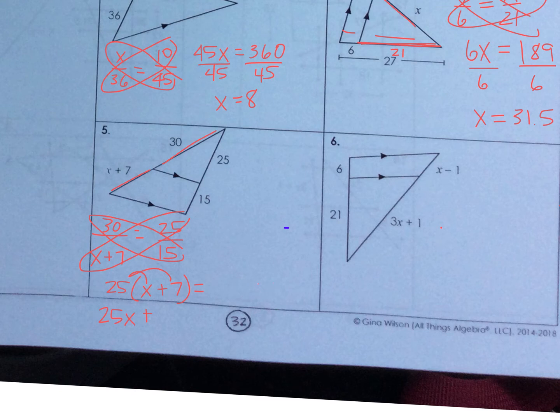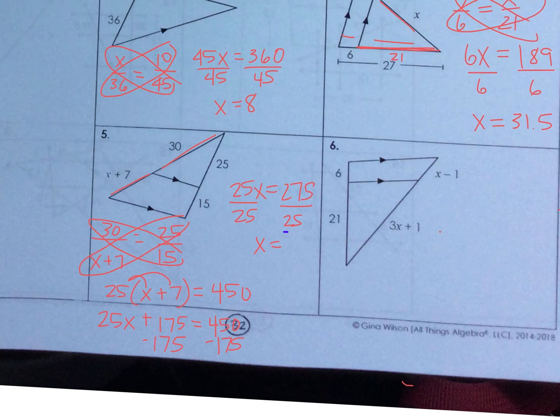This 30 times 15 is 450. 25 times 7 is 175. When I subtract the 175, I get 25x equals 275. If I divide both sides by 25, x equals 11.